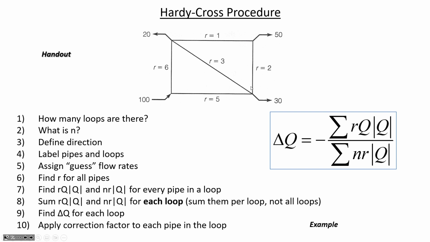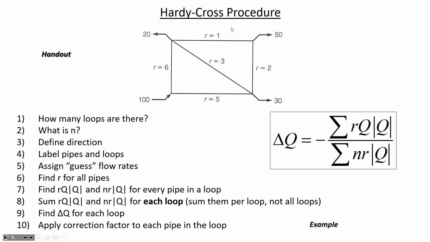Junction 3 is the bottom right, where 30 is coming out, and junction 4 is where the 100 is coming in. So we're going to name each pipe by their junction. So for instance, this is pipe 1, 2. Pipe 1, 2 starts at junction 1, ends at junction 2. We don't know how much flow is going through that pipe or even what direction it's going through.